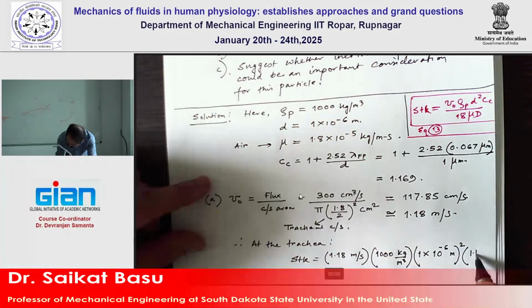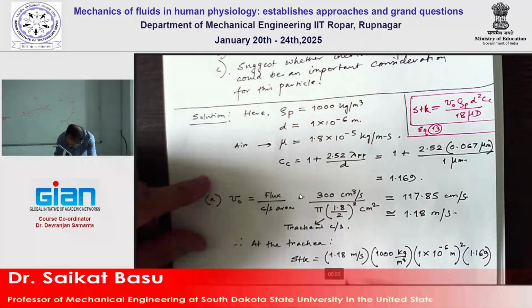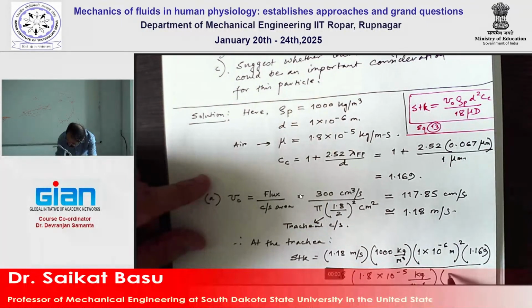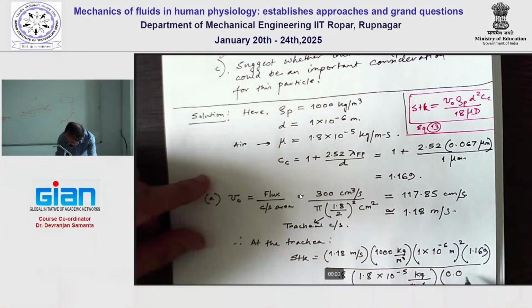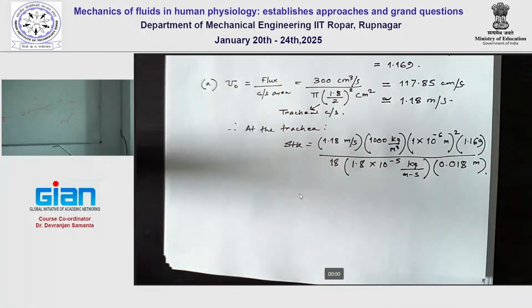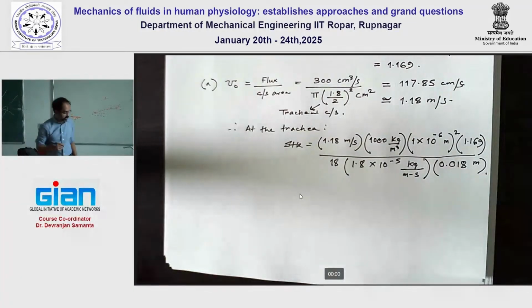The correction factor is 1.169 divided by 18. Mu is 1.8 times 10 to the power of minus 5 kg per meter second. And then the D, the characteristic dimension, is the diameter, 0.018 meter for the trachea. So please give me this number.